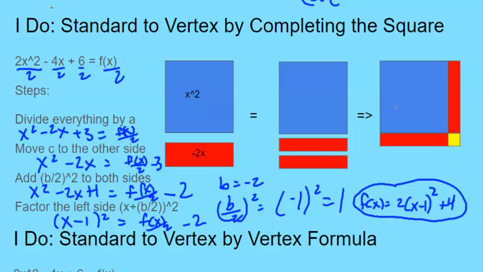Here's how you would do this with the boxes. So after you've divided everything by a, you have x squared minus 2x plus 3 equals f of x over 2. So x squared, we'll write right here is this algebra tile. And then negative 2x, we have this tile right here. X squared is x times x.